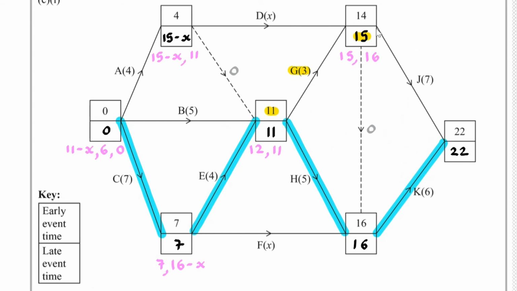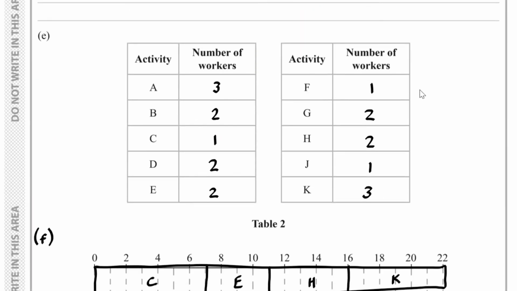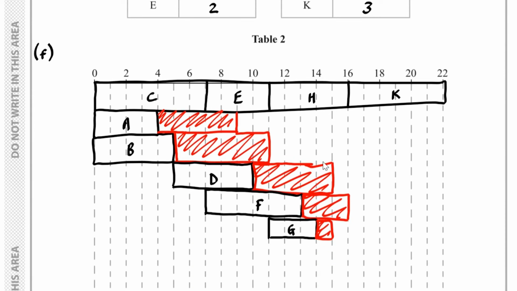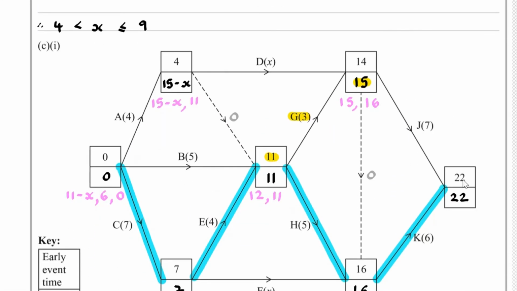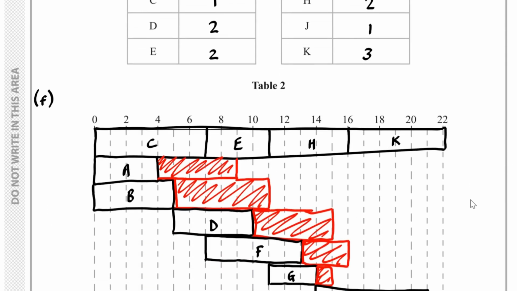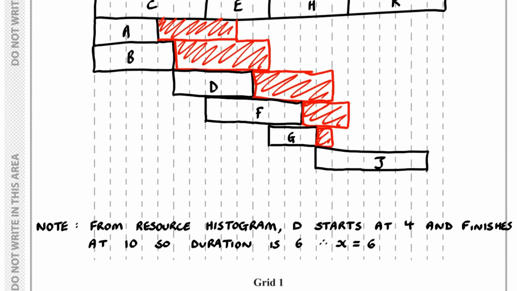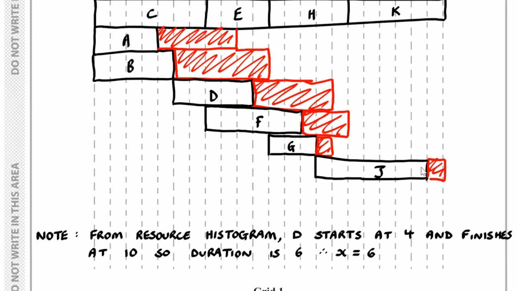So J starts at 14, duration of 7. So with a duration of 7, that takes us up to 21. And then we've got the extra bit from 21 to 22, that's 1. So the float is going to be 1.